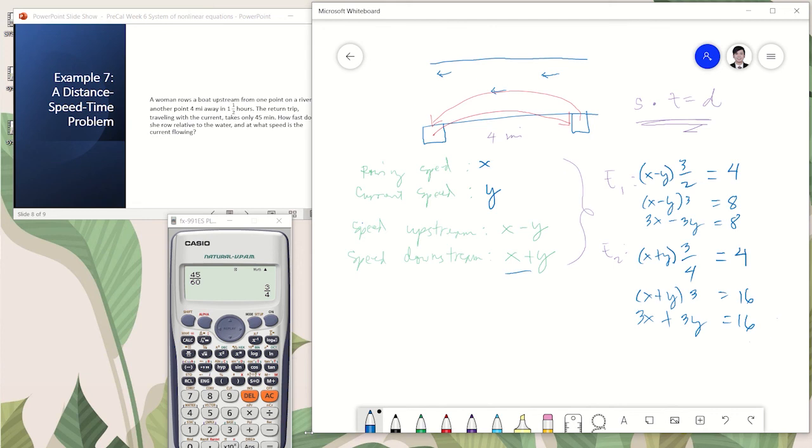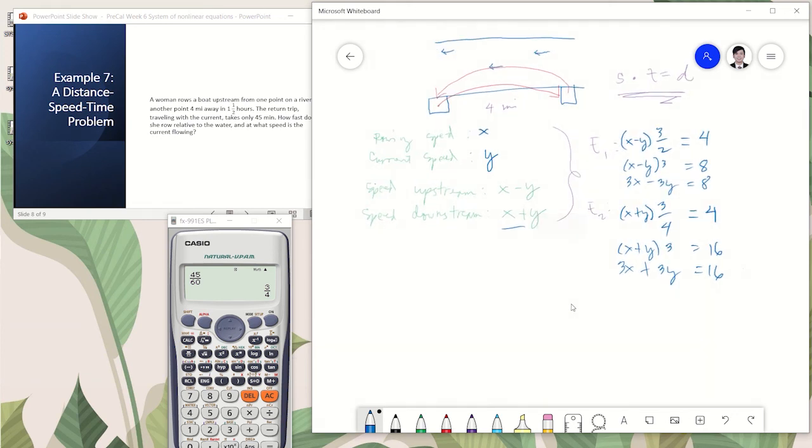Okay. The question now is, what would be the best method to use here, elimination or substitution? So looking at our two equations, you'll notice that both of them have a 3y and they have opposite signs.